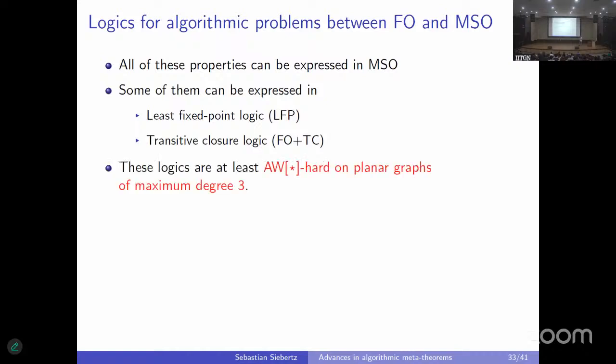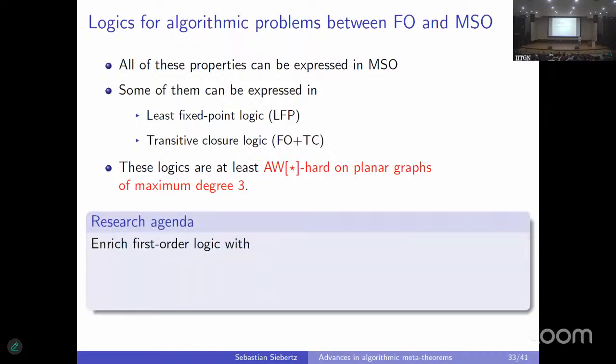But for these logics the model checking problem is also hard, essentially when we go beyond our previous one. Testing transitive closure logic is hard on planar graphs of bounded degree. So there is no hope of having a nice structure theory of tractability that goes beyond these.